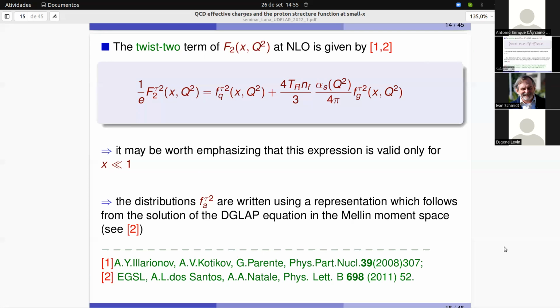The idea is to work with representations in Mellin space, and with the Mellin transform, you can write your results in terms of functions of x and Q squared. So we are using the same representation with a small difference, but essentially it is the same formalism that you have used.